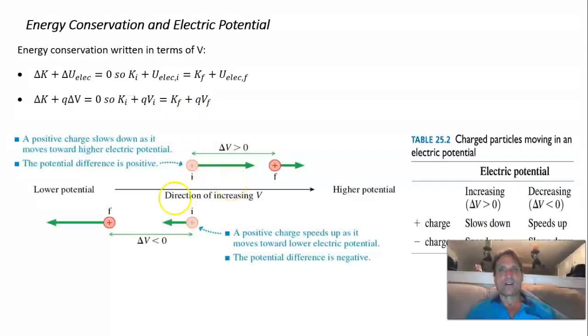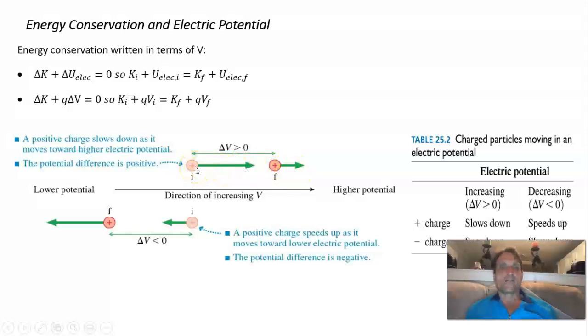So let's look at the signs here, because again the signs are the hardest thing to remember. If a positive charge goes toward increasing potential, remember positive charges want to go downhill toward decreasing potential.